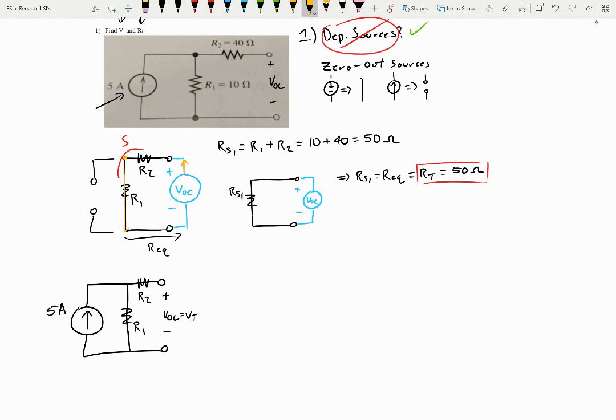So if VOC is V Thevenin, we know that branches in parallel have the same voltage. So the voltage drop from here will be the voltage drop from here. We also know that voltage in a wire is the same until it hits an element. So whatever voltage you have here will be the voltage here, will be the voltage here, will be the voltage there. Now notice here, we are going to hit an element. We'll hit this resistor, but this is an open wire, so no current can flow through an open wire. However, there is still voltage in here.